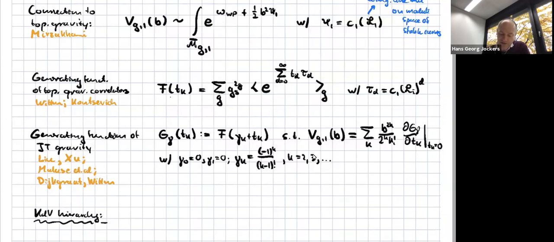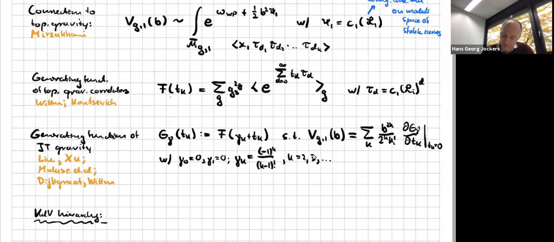Now, if you replace this by a kappa 1 class, then essentially the type of correlators you're looking at in the topological gravity context look like this: tau d1, tau d2, ..., tau dk.